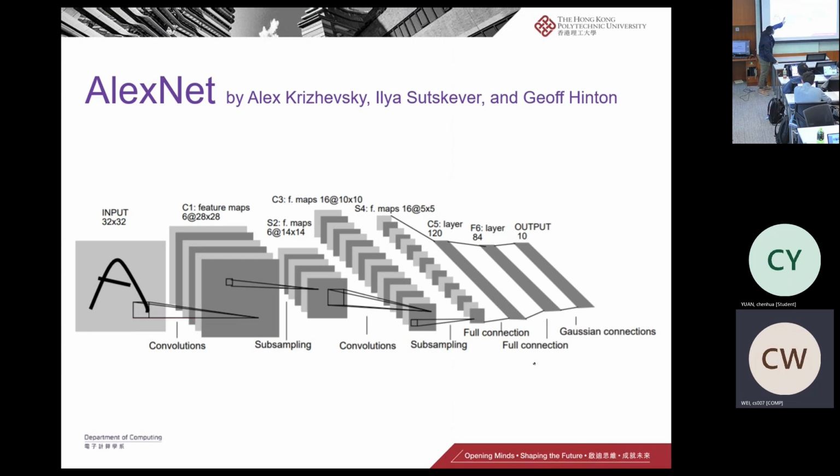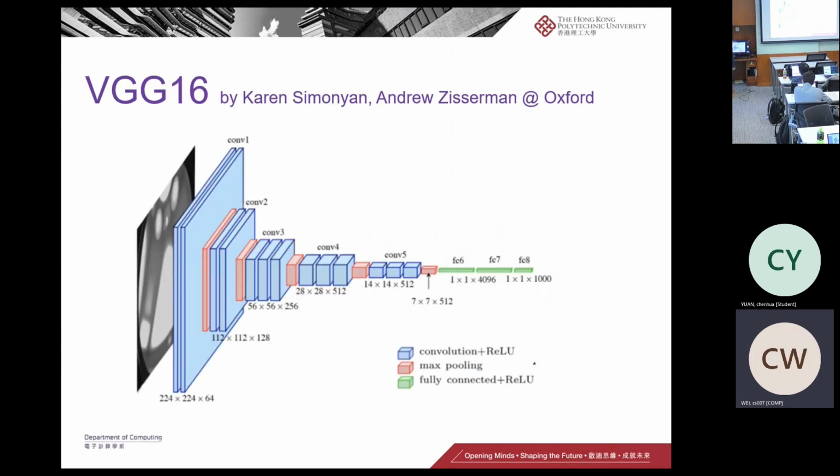Then it goes through convolution and convolution, and finally they use fully connected layers at the end. Then it outputs something at the end. This is a general structure which matches what we introduced previously, and it's quite simple from the perspective of nowadays.